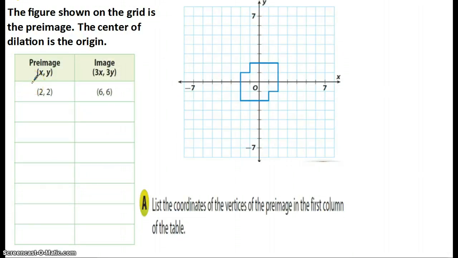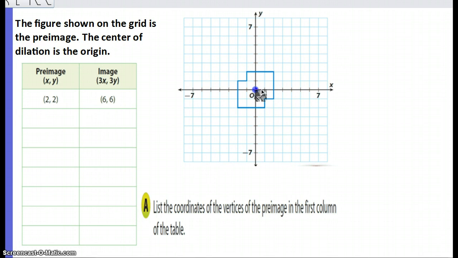So we have a figure that's to the right, and this figure is a pre-image. So we're saying that this is the original. And it says that the center of dilation is the origin. So this just means that, let me get my little pointer here, from here, the origin is going to each particular vertex.